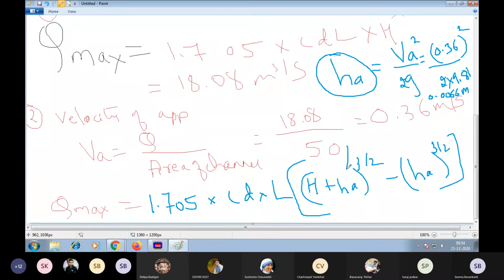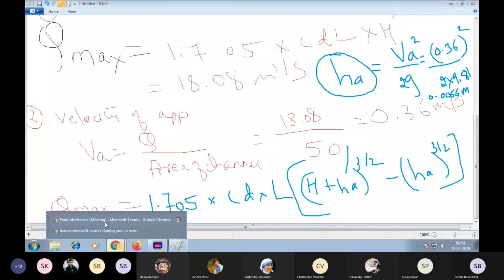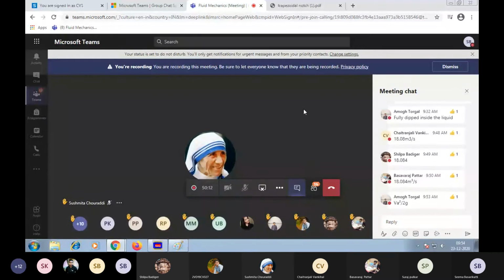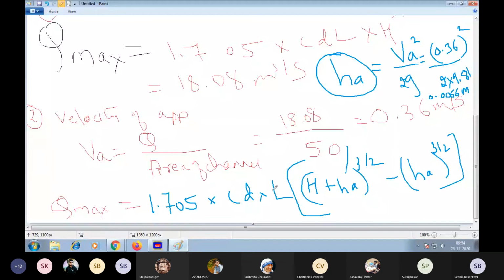Now equate the value of HA here and tell me the maximum discharge. Tell me the value for maximum discharge.